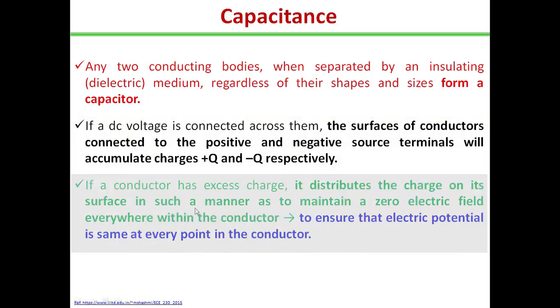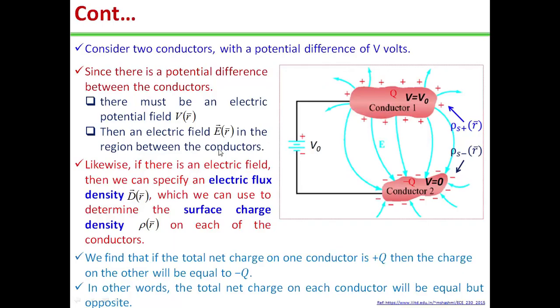If a conductor has excess charge, it distributes the charge on its surface in such a manner as to maintain a zero electric field everywhere within the conductor, to ensure that the electric potential is the same at every point in the conductor. Consider two conductors with potential difference V in volts.